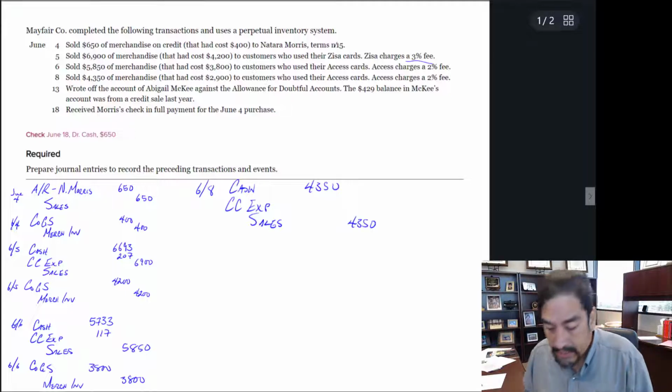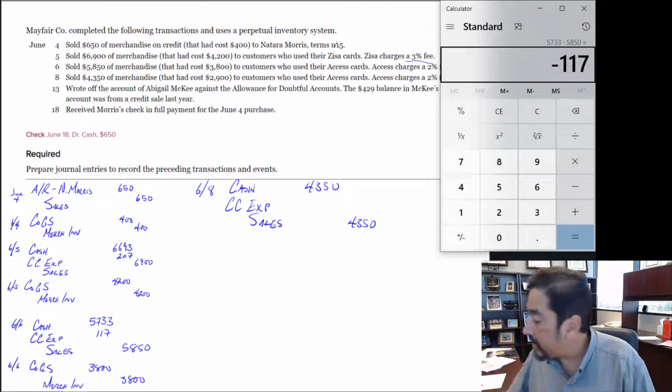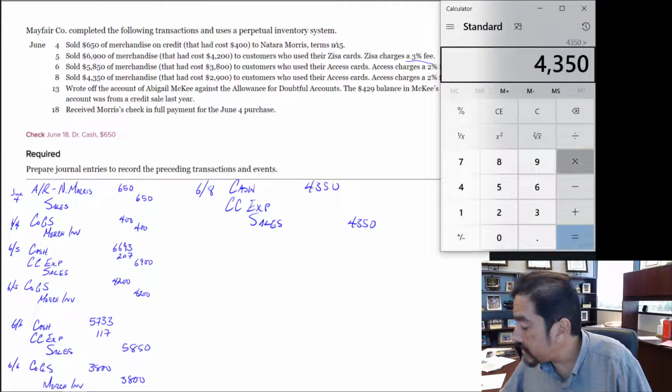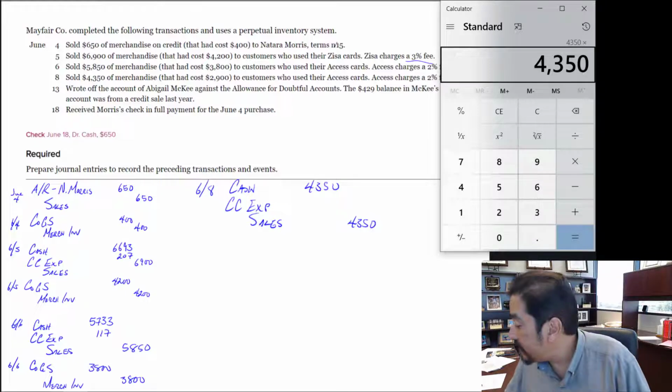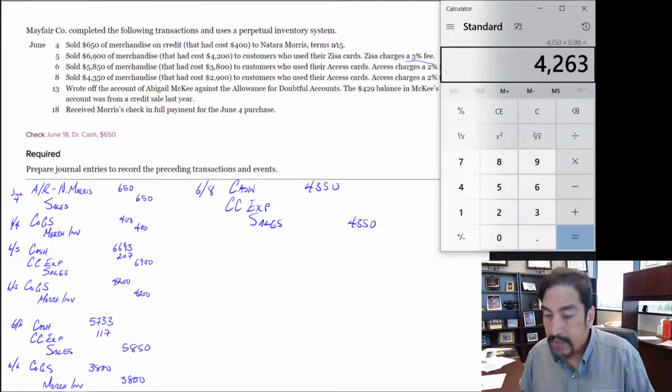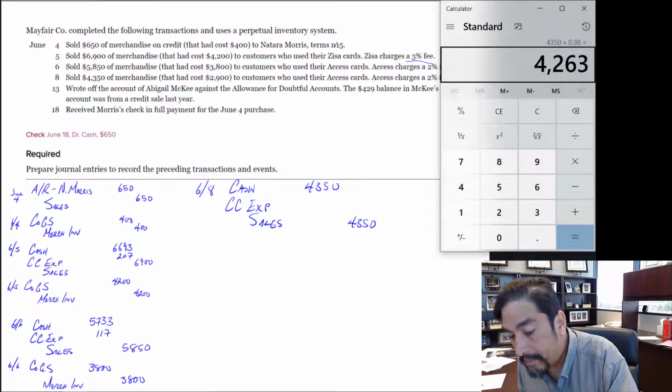That's what it would look like if it was a cash sale. But $4,350 times, excuse me, 2% fee, so we're collecting 98%, $4,263.